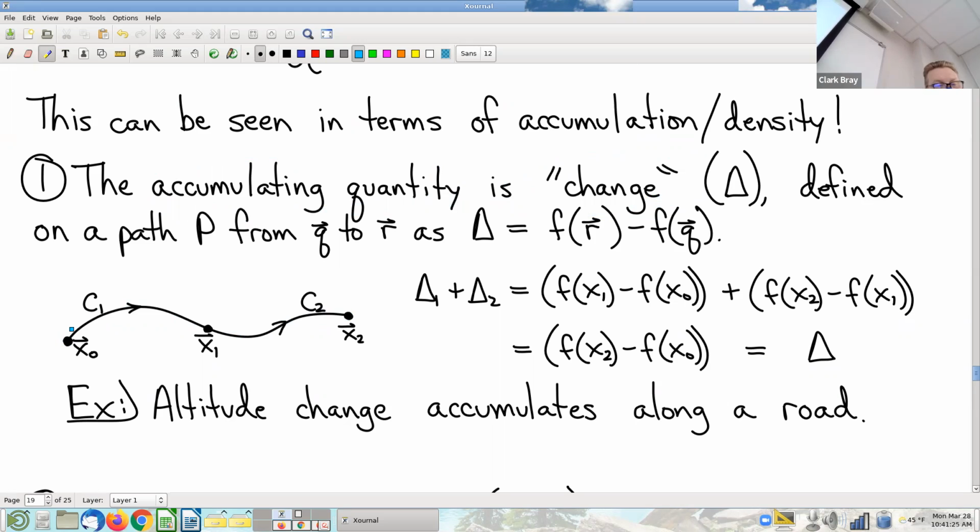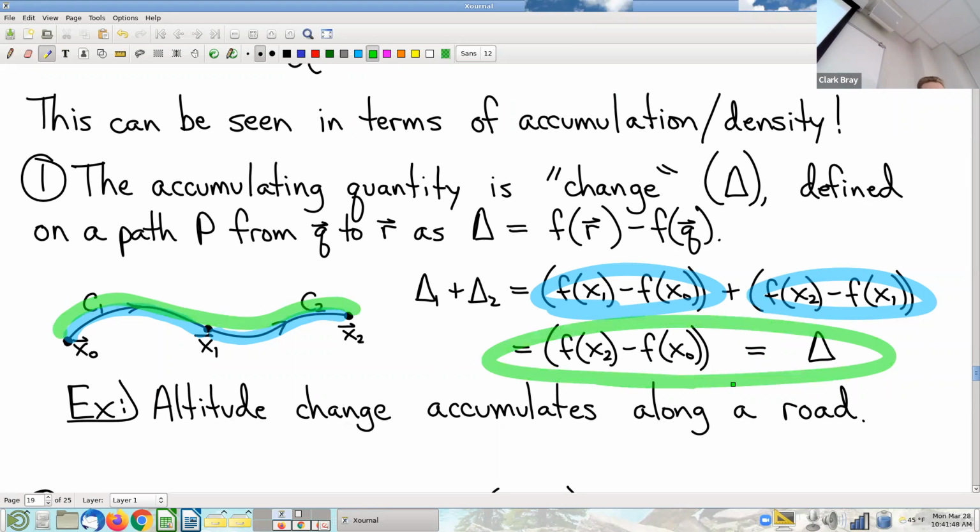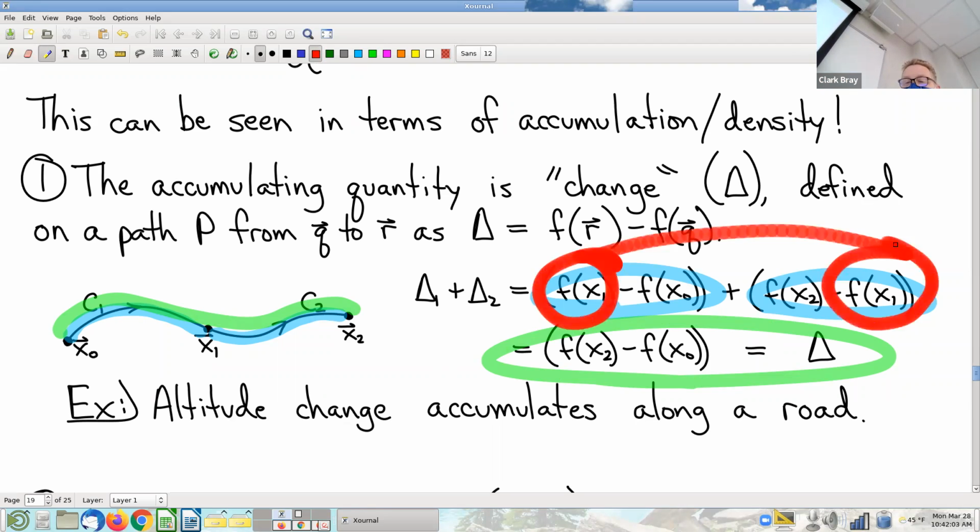Well, if I take the amount that whatever function I'm interested in changes on that first part of the path, and then I look at how much that function changes across the second part of the path, the sum of those two changes gives me the total amount that the function changed in going across that path. I mean, it's really easy to see if you're not comfortable with how changes accumulate. You can observe that these two terms here literally cancel, right?